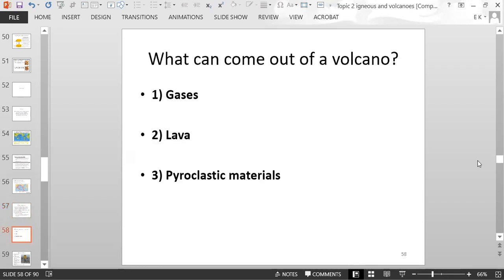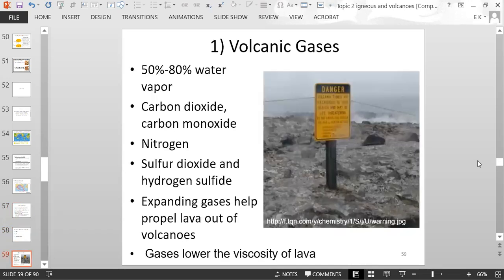So what can come out of a volcano? You can have gases, lava, and pyroclastic materials. So let's first go over volcanic gases.